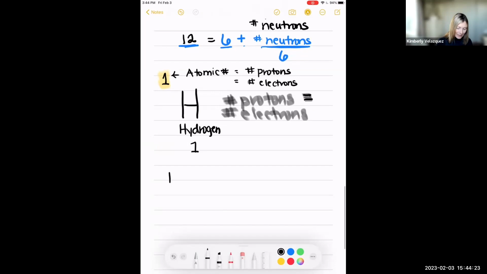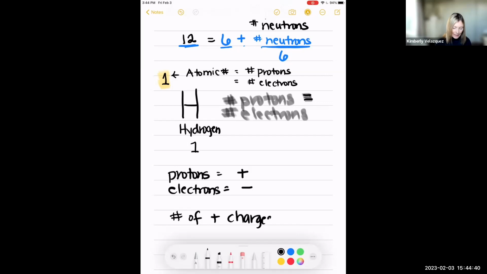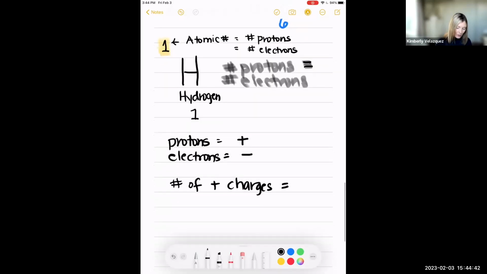Remember that protons have a positive charge and electrons have a negative charge. So what that means is the number of positive charges in an atom is equal to the number of negative charges in an atom. And then, of course, those neutrons don't have any charge, so they don't count in this story.